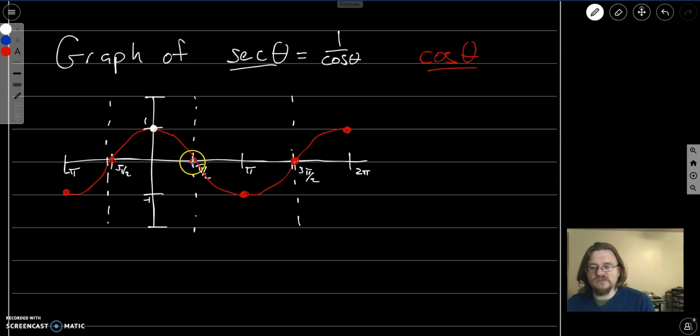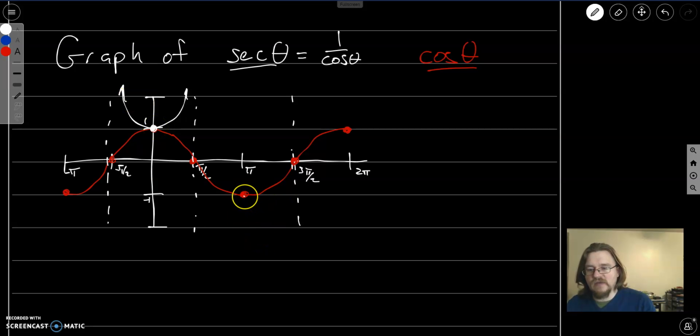As we get closer and closer to pi halves, cosine is going to 0. 1 divided by a small number is a really big number. So instead of going to 0, it's going to shoot off to infinity.